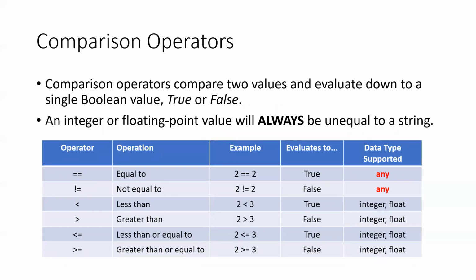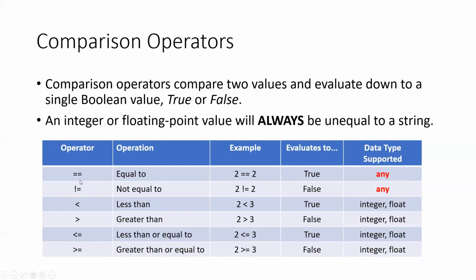Comparison operators, these are going to compare two values and always evaluate down to a single Boolean value of either true or false. An integer or a floating point value will always be unequal to a string, meaning that if I have 1 in a string and 1 as an integer, they will not equal each other.